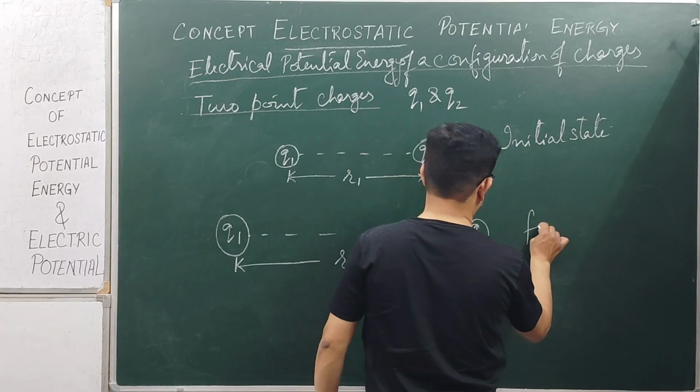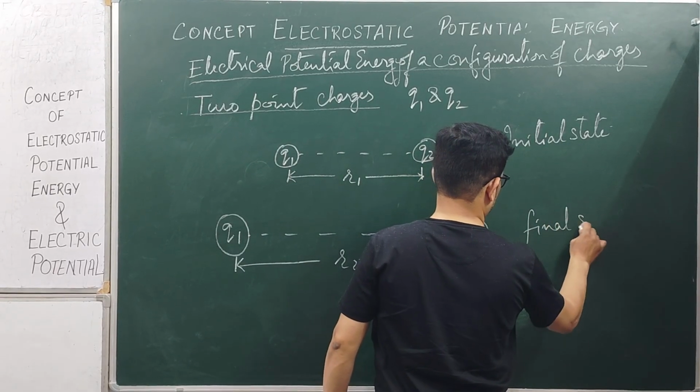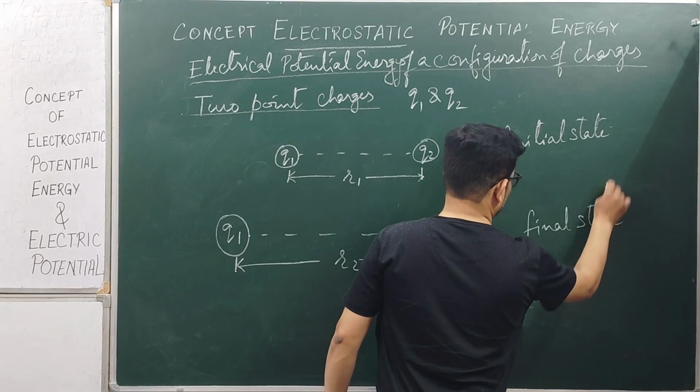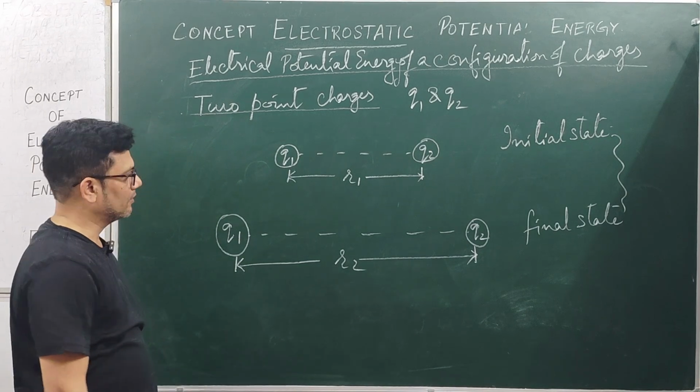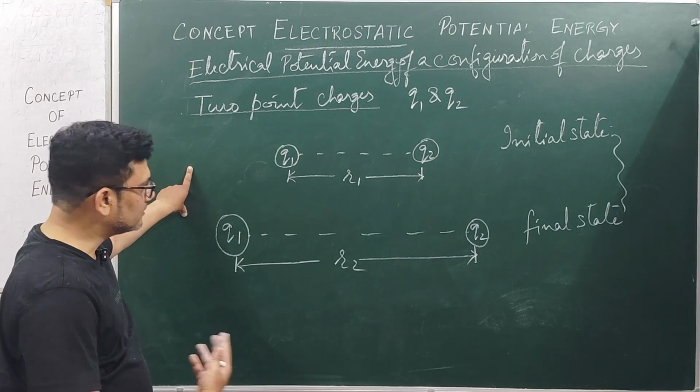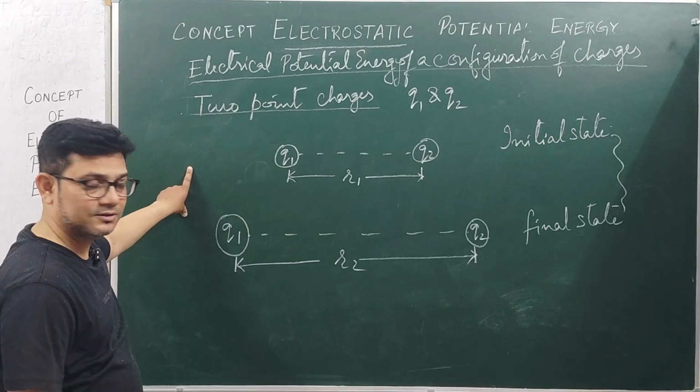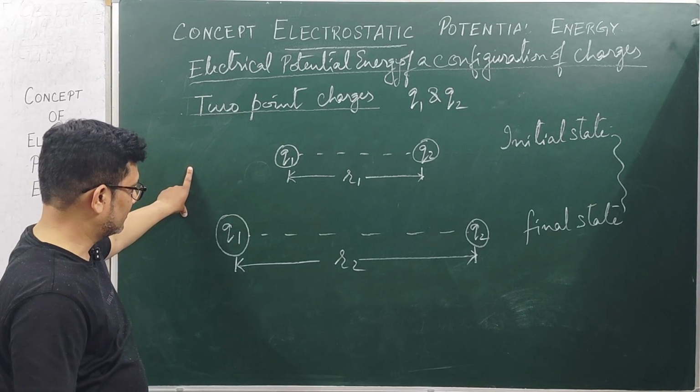So this is the final state. In this transition from initial state to final state, if we apply the concept of potential energy, what do we get finally? What expression do we get?